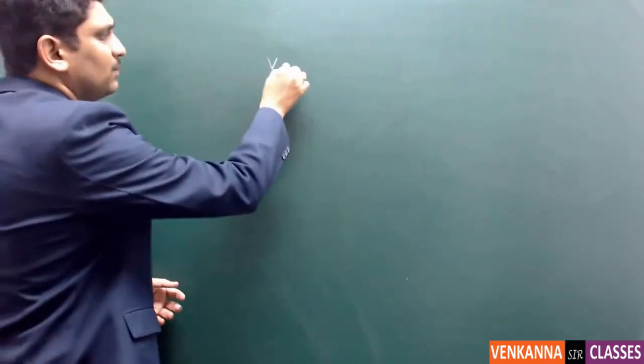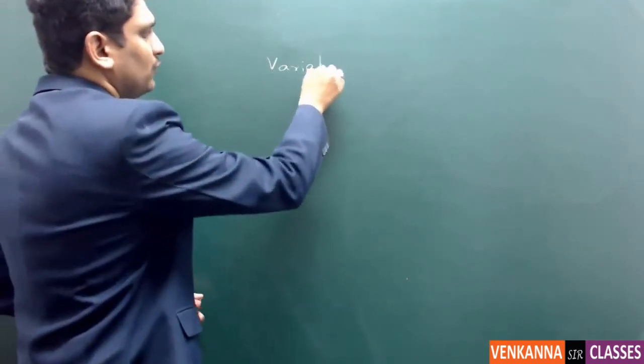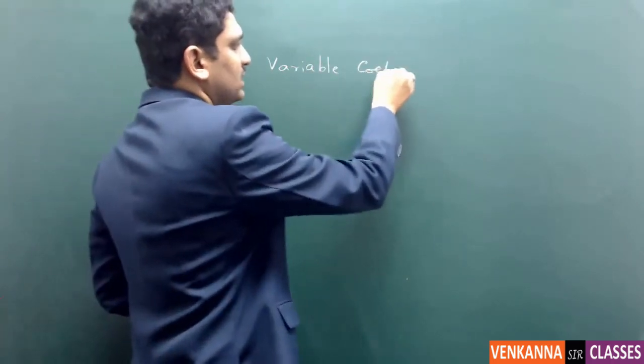So first of all, the Cauchy-Euler equation comes under the part of variable coefficients.